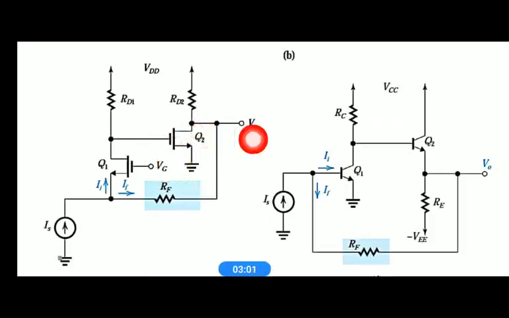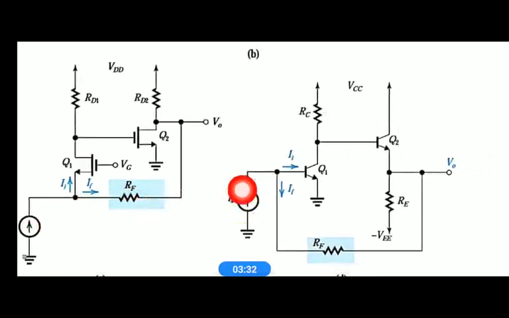When it conducts more, the resistance is reduced and the output voltage will decrease. Since the output voltage decreases, the current flowing through IF will increase. Hence increase in Is causes increase in IF. In similar fashion, when you increase the Is, II is increased.